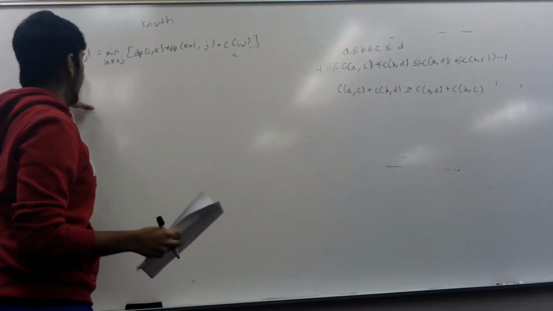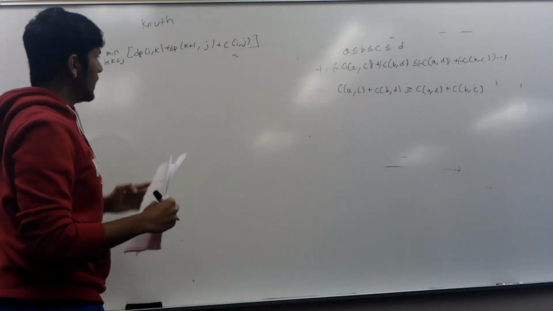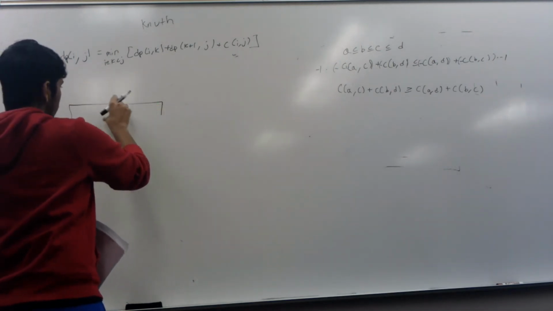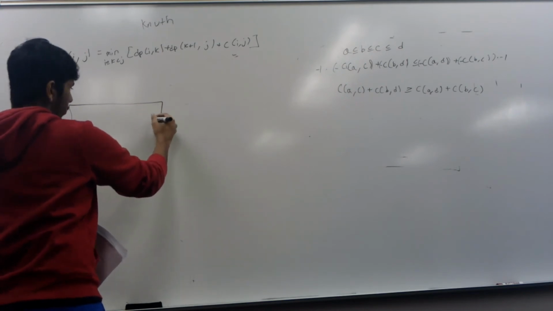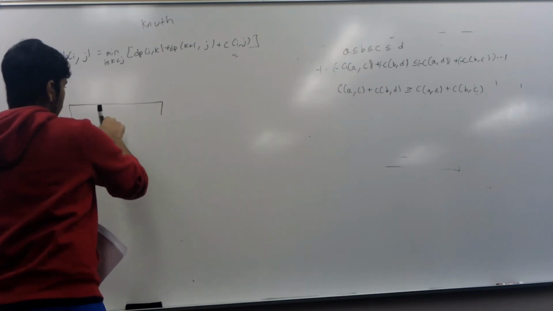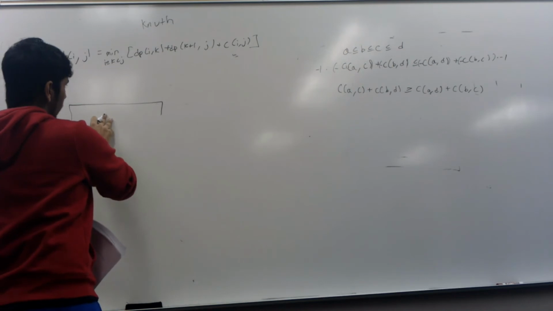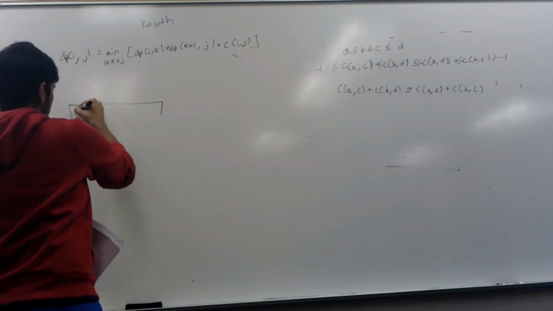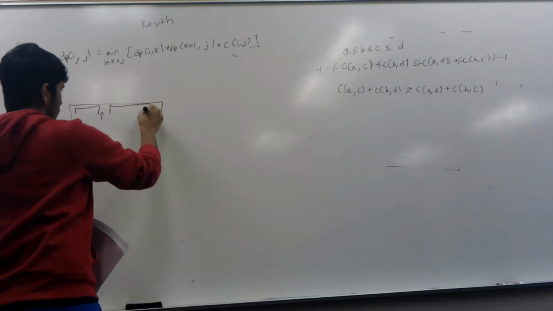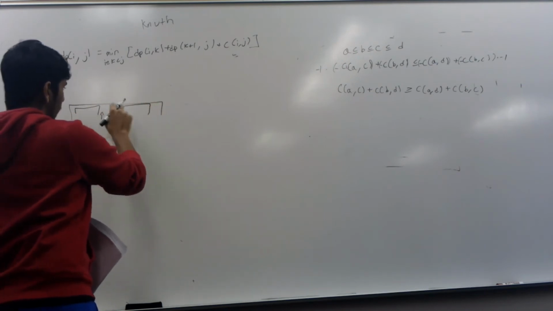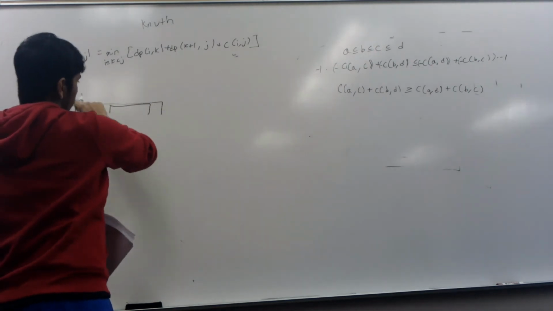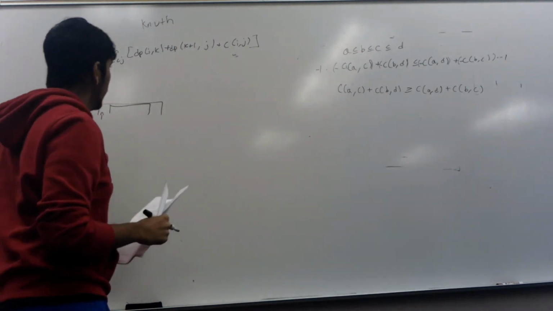This is usually known as range DP, where you're trying to find a DP value for this range, and we take the min over all split points that we can transition over. If we choose a split over here, then we get this range here. We add the DP values from these two ranges, and then add the cost of the entire range.